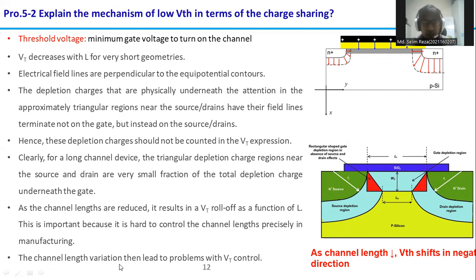So the channel length variation leads to the problem of control of the VT, and this charge sharing of the depletion region causes a problem in the control of the VT, and the channel also reduces, this part, the red part, like this.